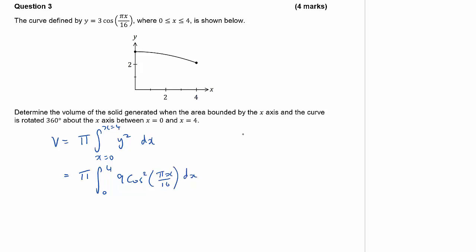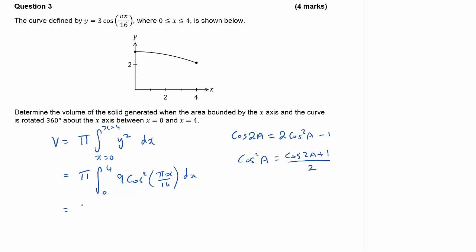Now, we know that cos 2A is equal to 2 cos squared A, take away 1. So that tells me that cos squared A is (cos 2A plus 1), all divided by 2.